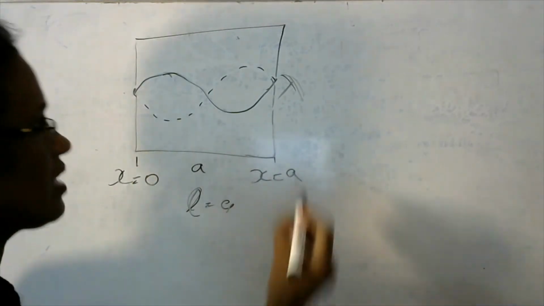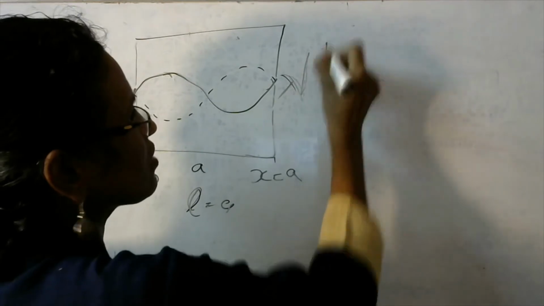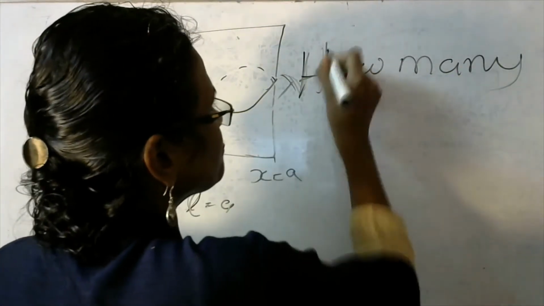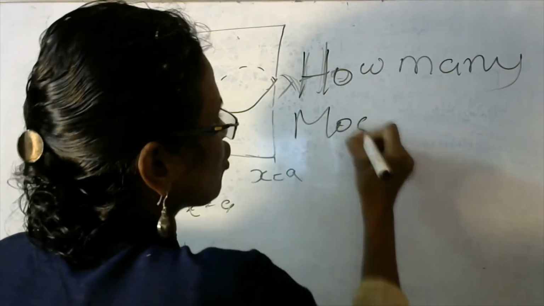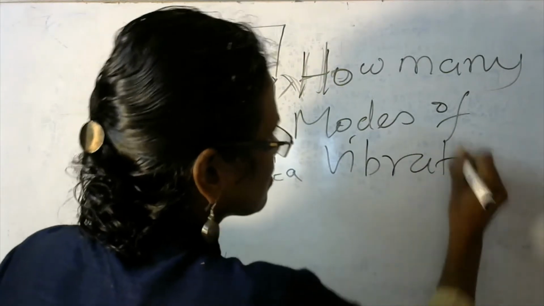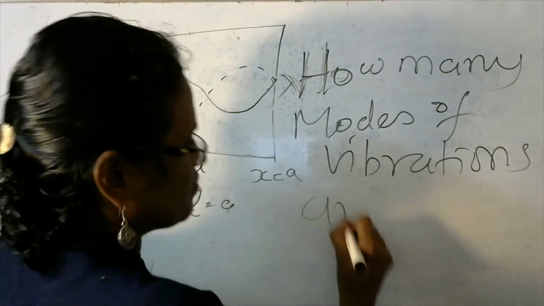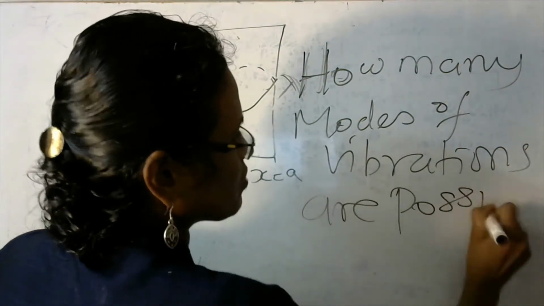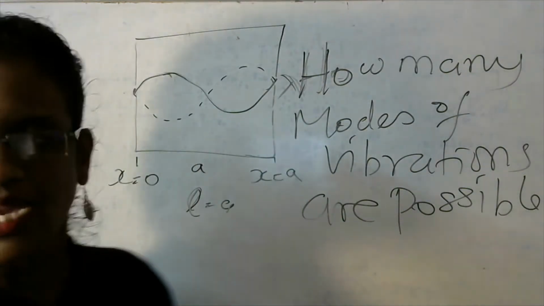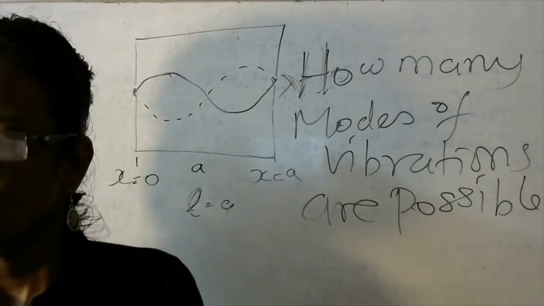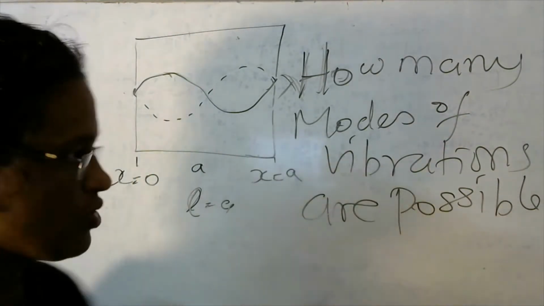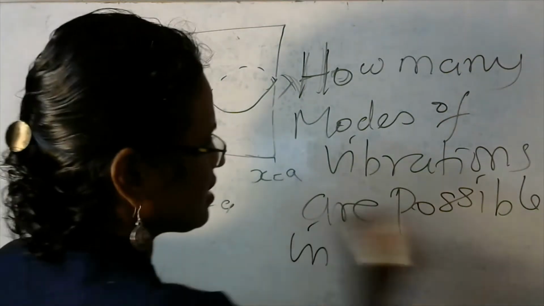So we need to calculate how many modes of vibration are possible within the black body cavity. We consider this as a cavity here, so we need to find the number of modes of vibration which are possible in a unit area.